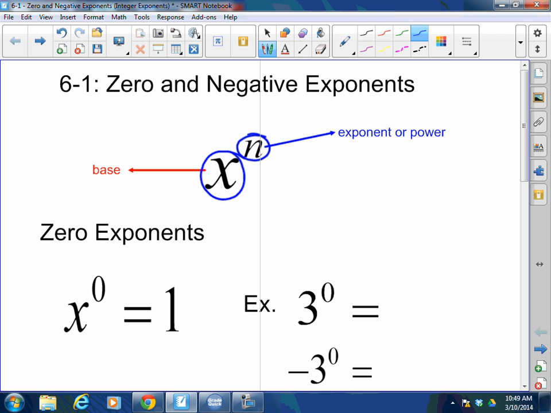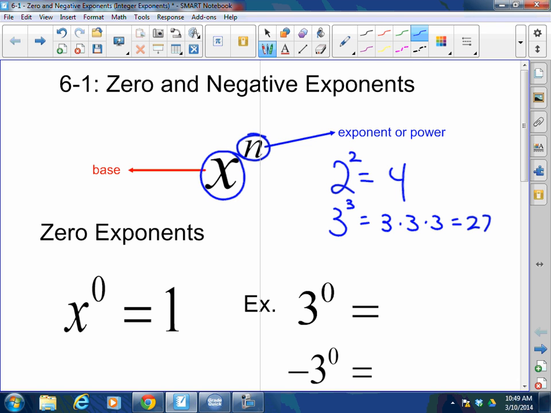The exponent or power tells you how many times to multiply the base by itself. So if I have 2 squared, that equals 4, for example, because that's 2 times 2. If I have 3 to the third power, that's 3 times 3 times 3, which is 27.